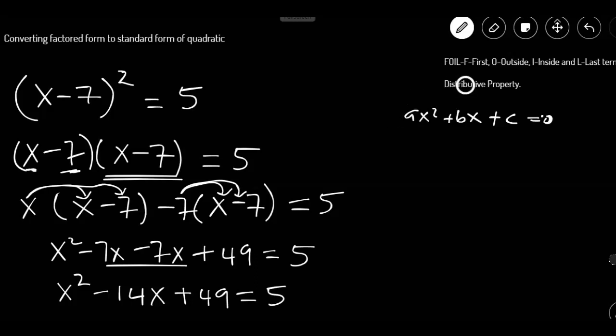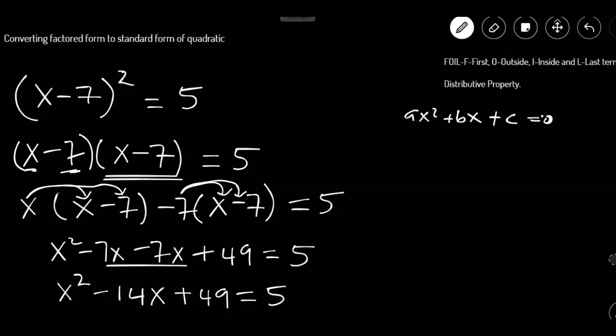So here we realize that there is a 5 on the right hand side. And when we look at the standard form, it has to be 0 over there. So we have to bring the 5 over here. We want to make the 5 into 0. So what we are doing is subtracting. But whatever we do here, we have to repeat the same thing on the left hand side.